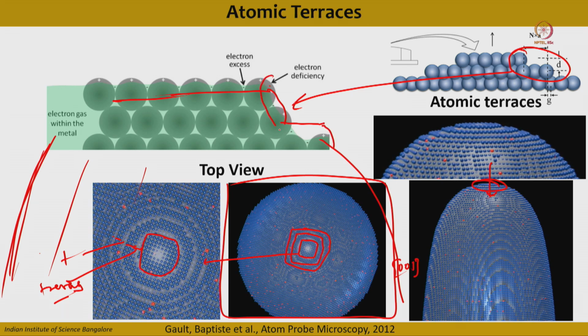The edges of these terraces are prone to very high electric field. When you apply a field, the electric field around these edges will be much higher than the field concentration at these flat faces. This is related to your radius of curvature, as I told you.